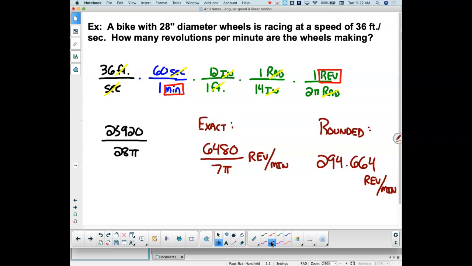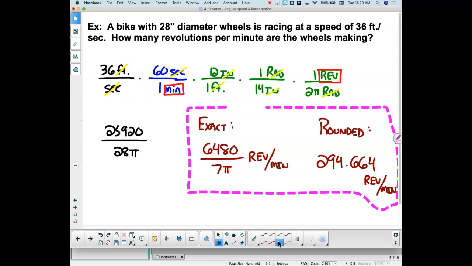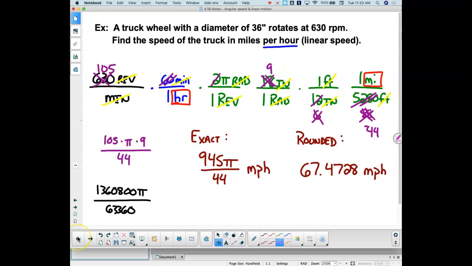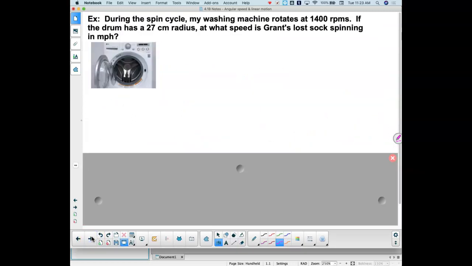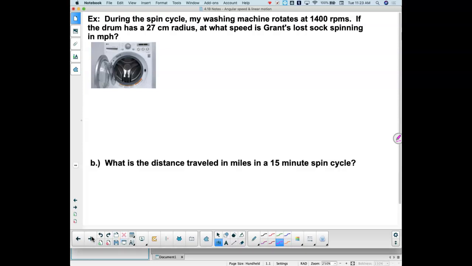I divided both top and bottom by 4. Oh. I forgot to do that on the last slide. Probably should do that too. Go for it.